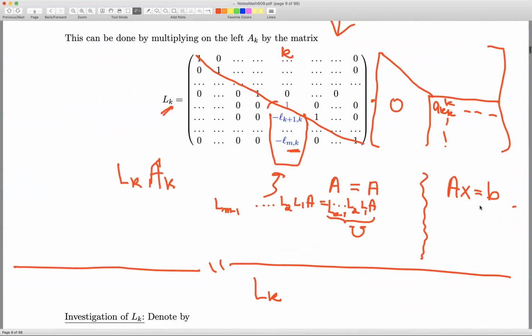let's see how this works if we have to solve a system using Gauss elimination.